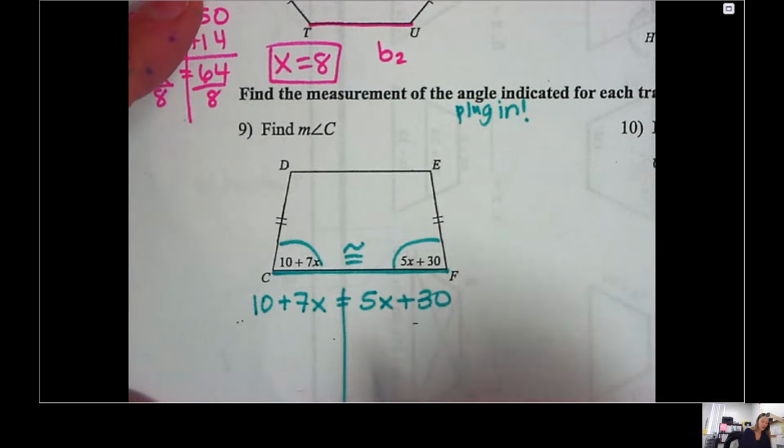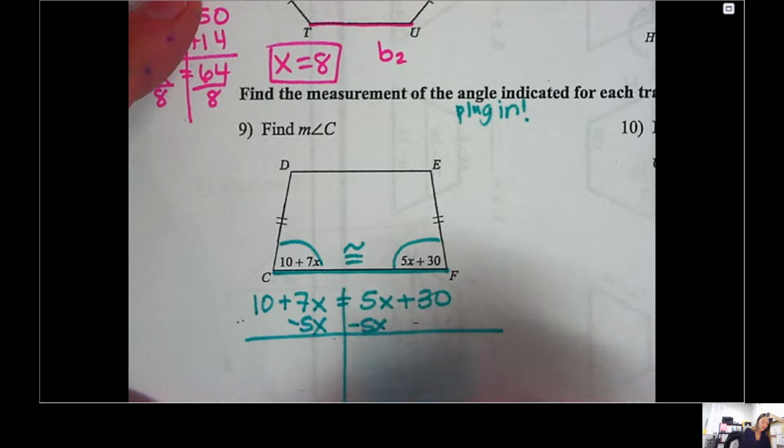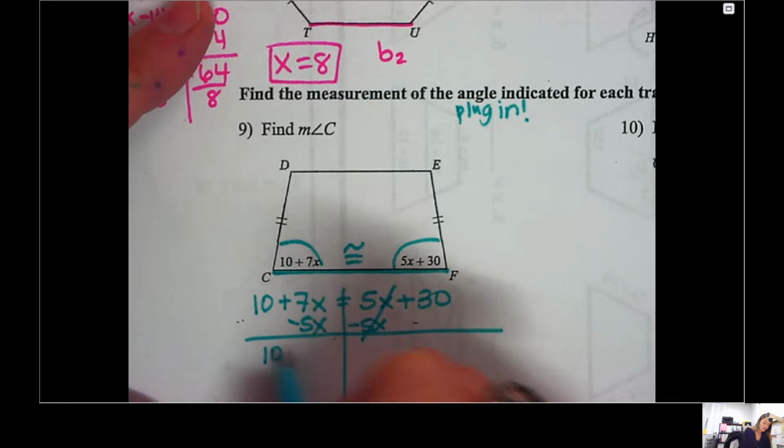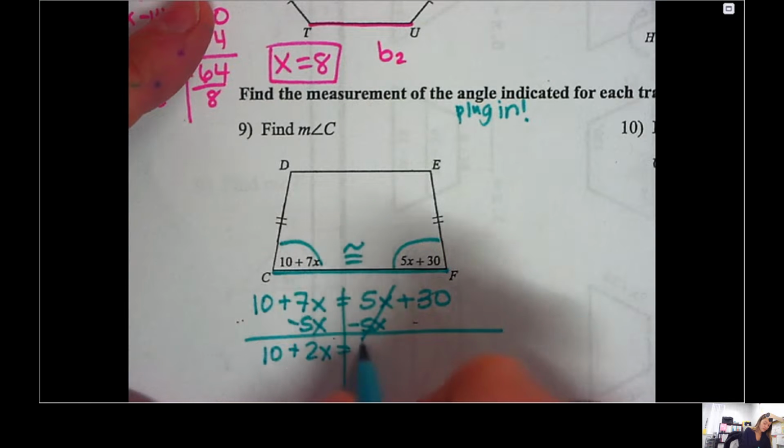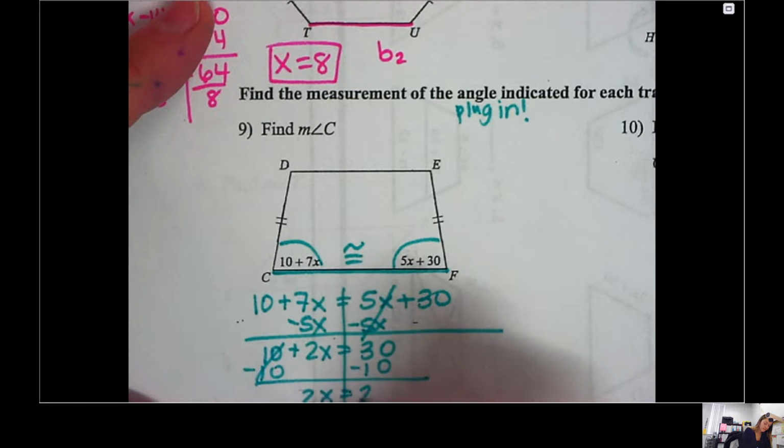And do a little algebra. So I'm going to move my smaller x first. Then I'm going to move my constant. Divide by 2. I get x equals 10. Oops, sorry about that.